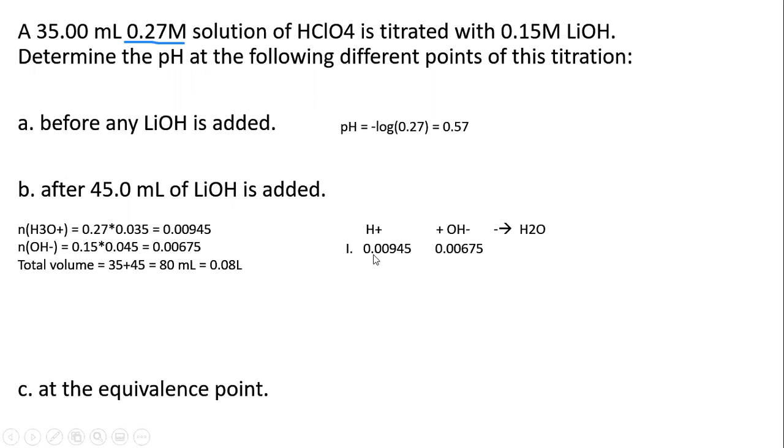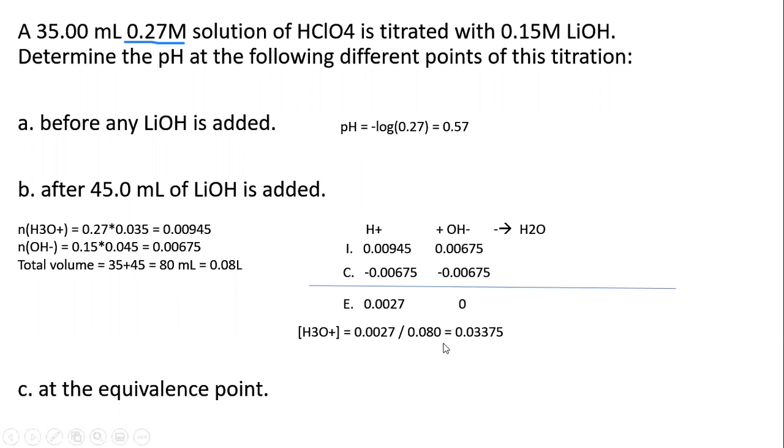Here the moles of acid are greater than the moles of hydroxide, so we subtract, because all the hydroxide is going to react with the strong acid. And so we get to see how much strong acid is left over. This is the moles of strong acid after we've added our 45 milliliters of this lithium hydroxide solution.